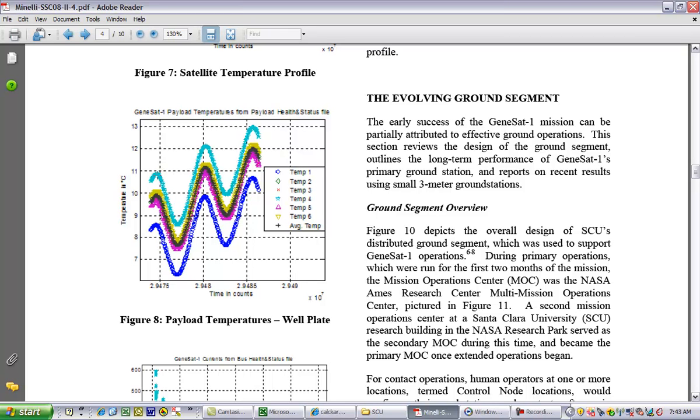And what I'll show you here is a simulation that a student at Santa Clara University did to show the trajectory of the satellite and what it kind of looks like. Okay, so let me see if I can get this going. There it is. Okay, so there's the globe, and now lo and behold, you can see the satellite coming through.